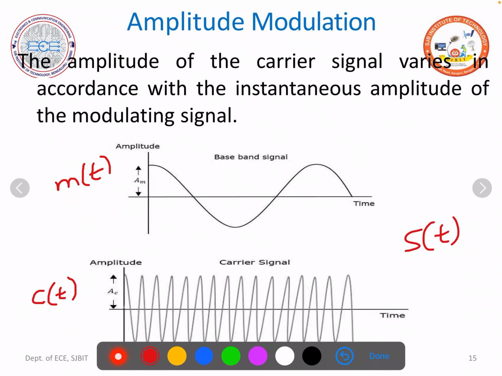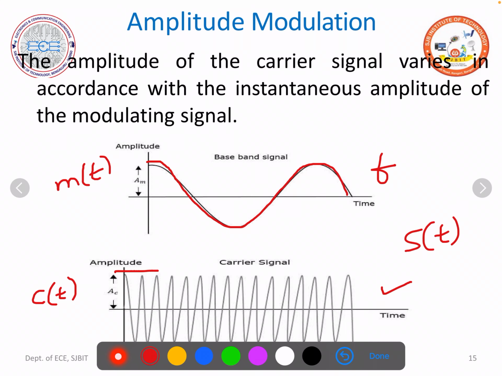So here if you observe, the frequency of the message signal or baseband signal is very much less compared to the carrier signal. So we should choose the frequency of the sinusoidal carrier signal in such a way that it is much higher than that of the modulating signal. Now, the amplitude, if you see, is constant in the case of the carrier signal. As and when the message signal amplitude varies, the carrier signal amplitude also varies.